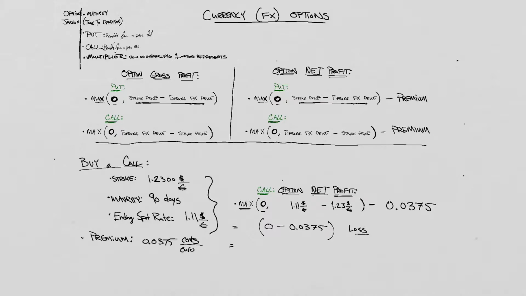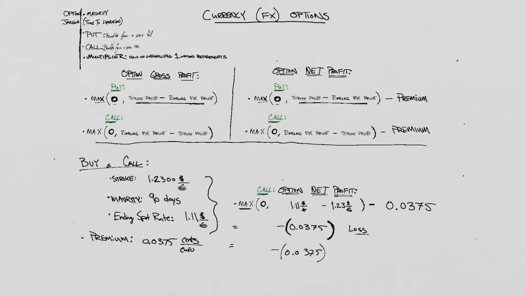And so if we're calculating a profit or loss for an option, one thing we need to do, it's not just on a single 3.75 cent loss here. One thing we need to do is multiply by this multiplier. A single contract doesn't represent just a 3.75 cent loss.